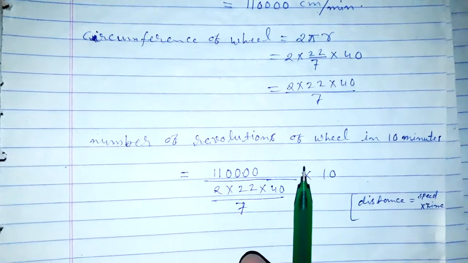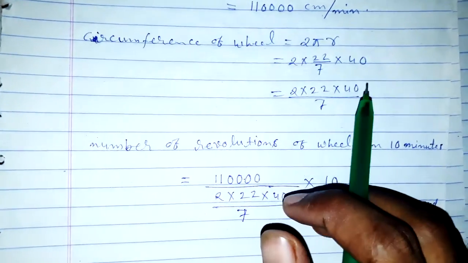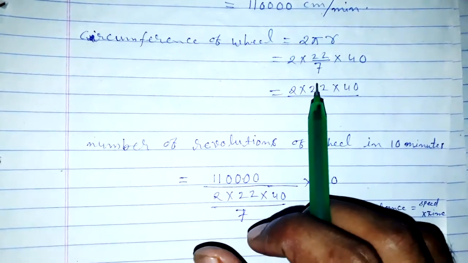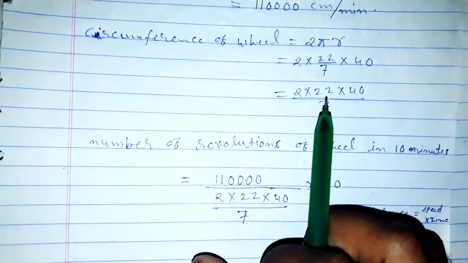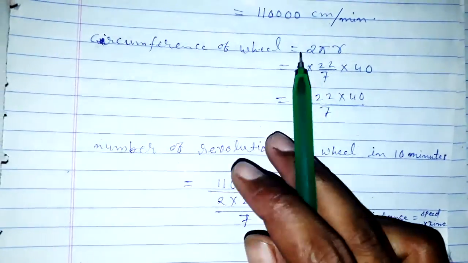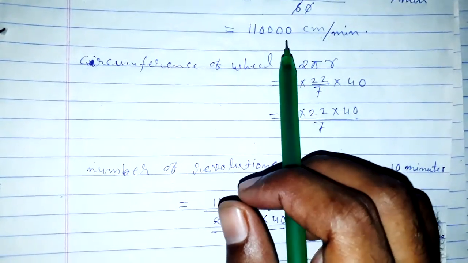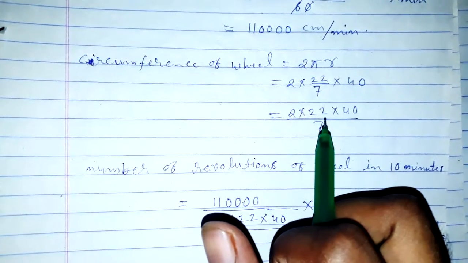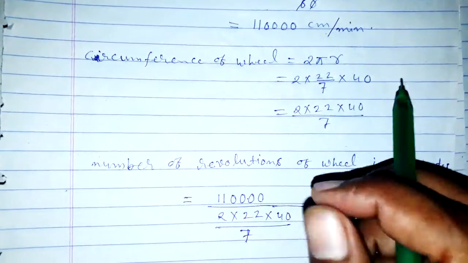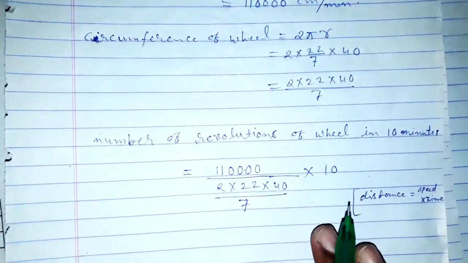And the distance the wheel covers in one revolution is this distance. So the number of revolutions is the total distance divided by the distance in one revolution, which is the perimeter, also called the circumference.